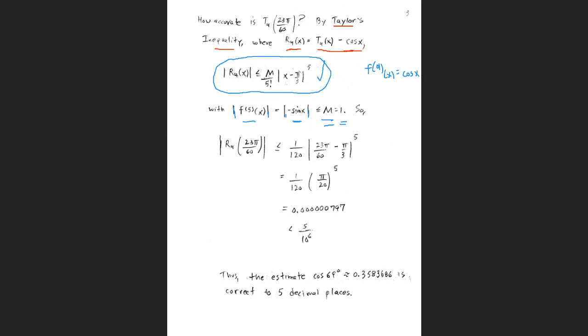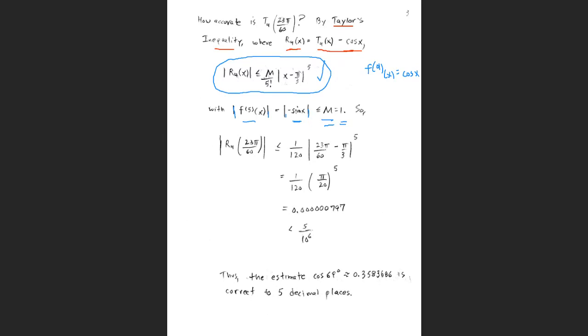But whenever you have a derivative that's a sine or a cosine or a negative sine or a negative cosine, whatever it is, you just let M equal 1. The idea is we want the M value to be easy to get, so we just pick 1.